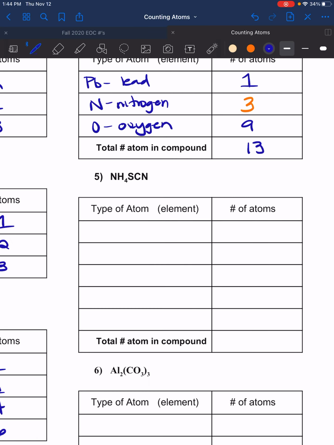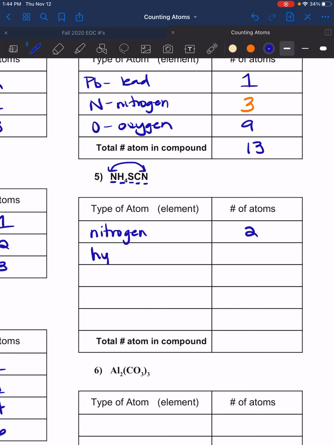In number 5, you have an N, an H, an S, a C, and then another N. You could either list these 2 N's together, or you could have listed them separately. They're listed separately in the compound for reasons we will get into later in the course, but it has to do with how it bonds. But the N is nitrogen, and we have 2 of them.